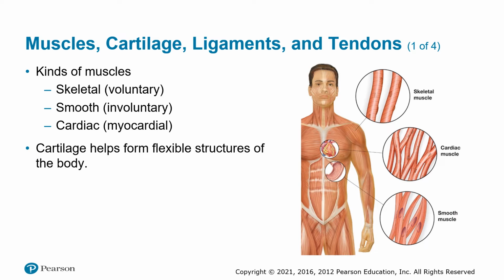And then voluntary is anything like fingers, legs, all those. And then cartilage helps form the flexible structure of the body. So like the nose, the ears. There's cartilage in the ribs as well.